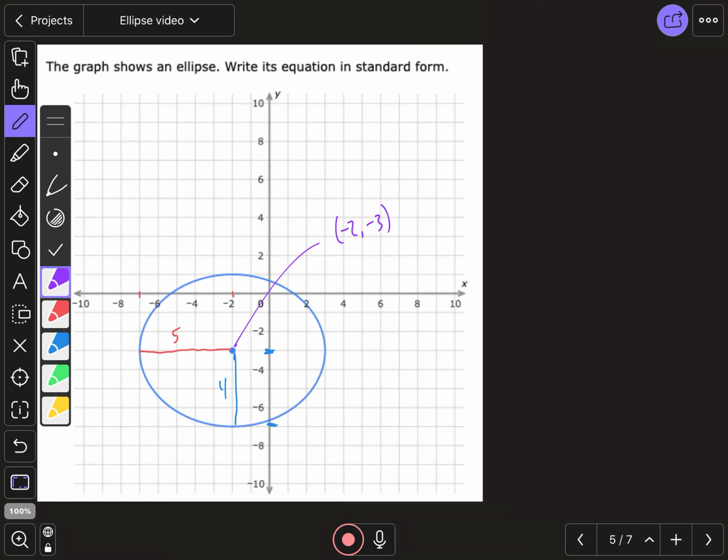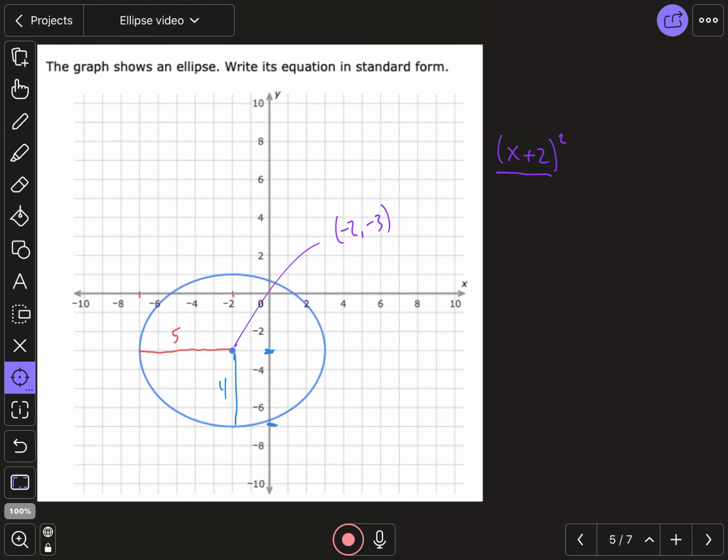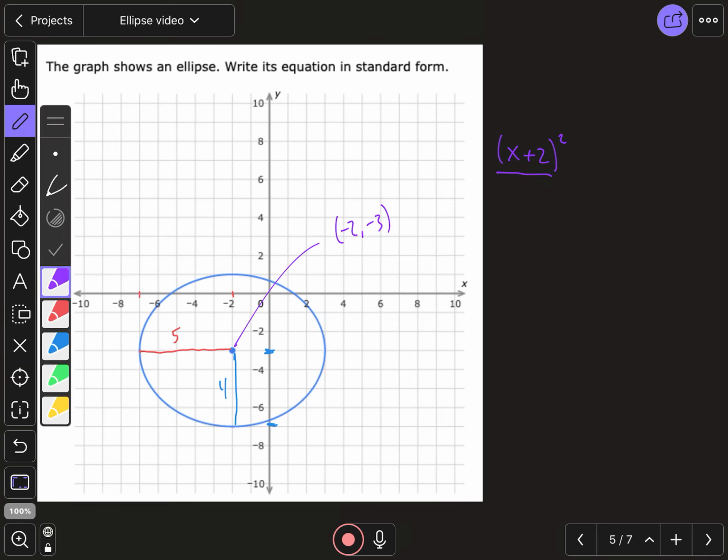So fraction, and then parentheses, x minus -2, so x plus 2 squared. Then the horizontal change here is 5, so it's going to be over 5 squared, which would be 25.